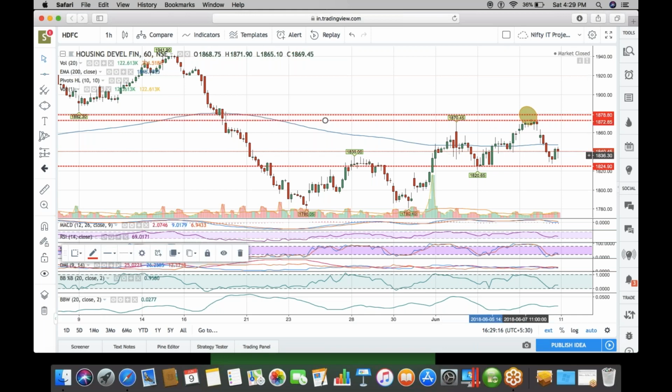So if any of my friends is going to prepare a trade setup for intraday basis, he has to acknowledge this fact that currently it is in a sideways trend. Since what? Since 4th of June. So this level 1824 zone and this 1872 zone are good support and resistance levels for this stock.